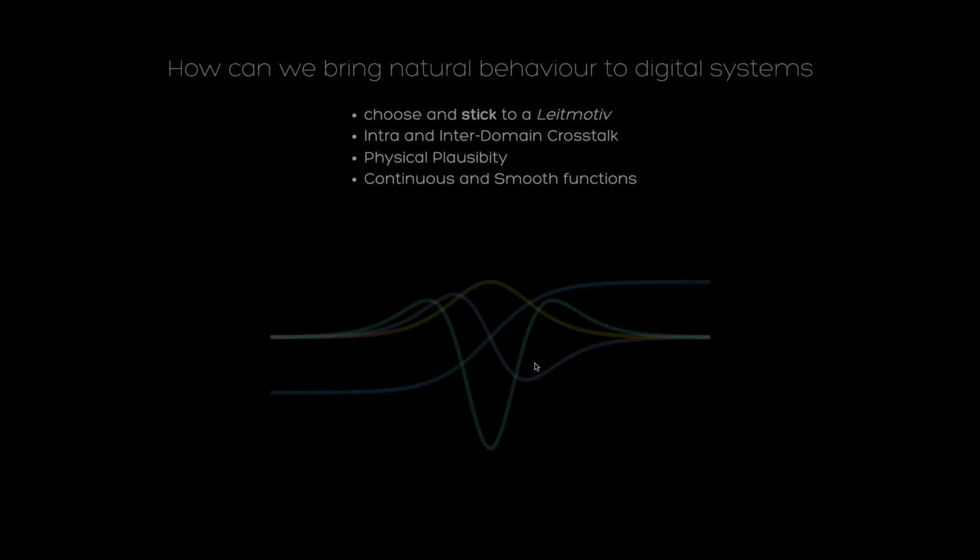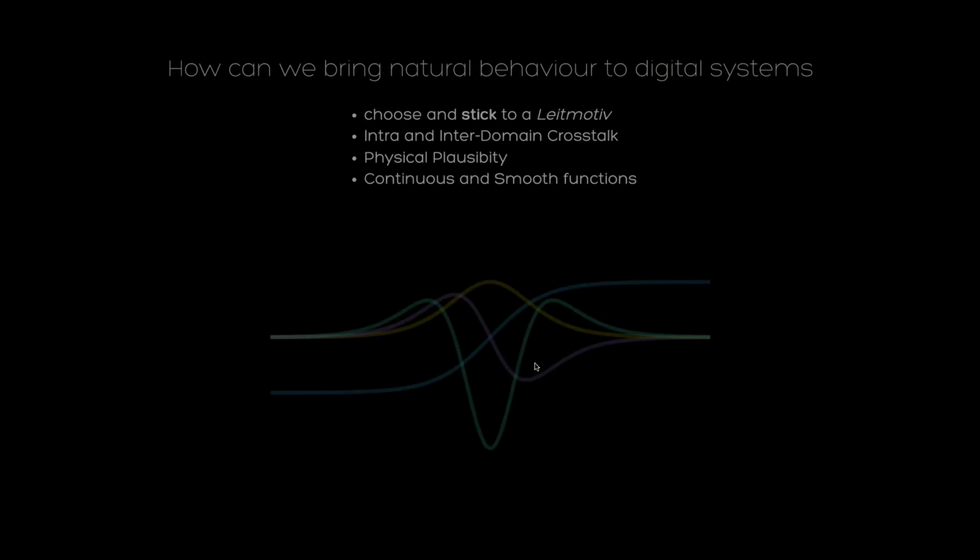We believe you should choose and, very importantly, stick to a leitmotif. Find something you want to use as guidance. Then introduce intra- and inter-domain crosstalk. Of course, in digital, we get used to, okay, can you change that little green pixel over there? But this is not an actual natural behavior.